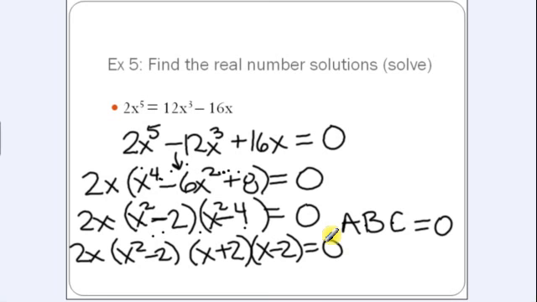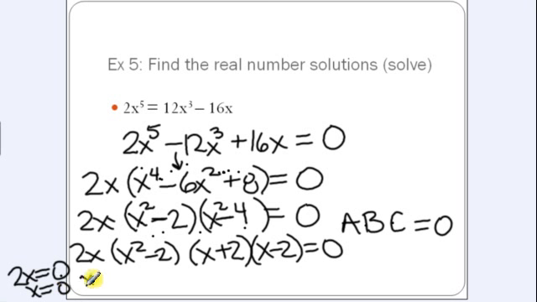If any of those factors equals 0, the product will equal 0. So to solve, I want to set each factor equal to 0. So 2x could equal 0, which would mean that x equals 0 is one of my solutions, because 0 divided by 2 is just 0.